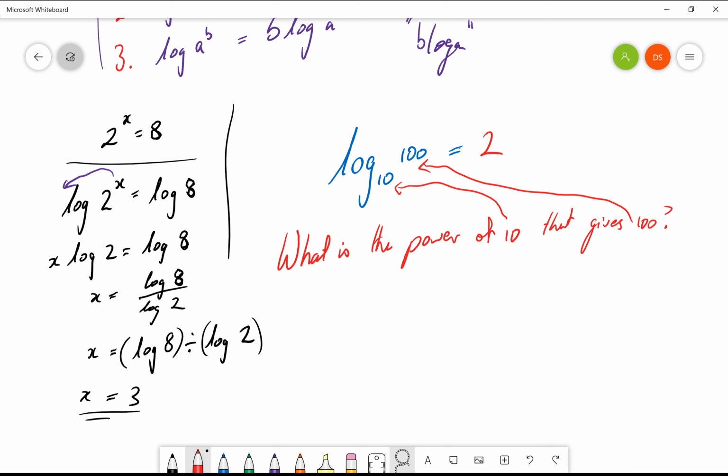Okay, and so in fact, when I do this, log 8 divided by log 2, it is another way of writing what is the power of 2 that gives you 8? And so, of course, our answer is 3. And so this and this are the same thing.